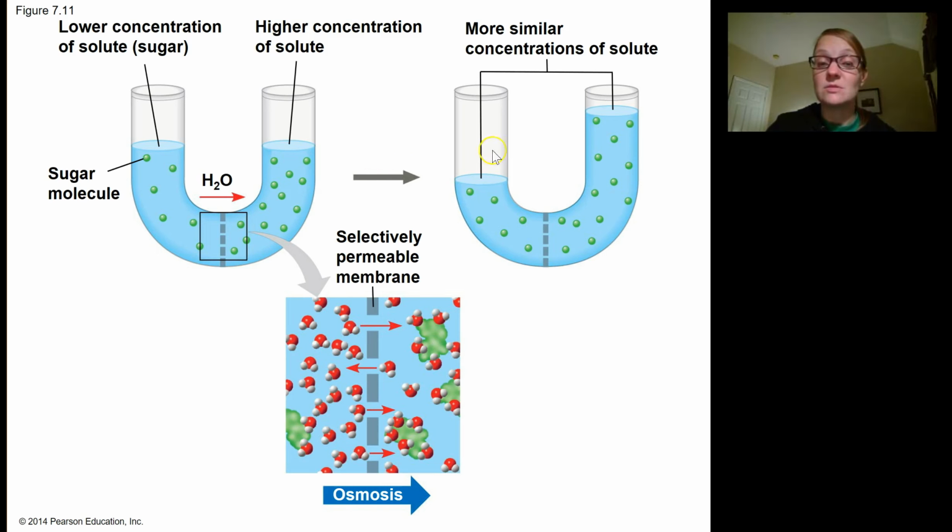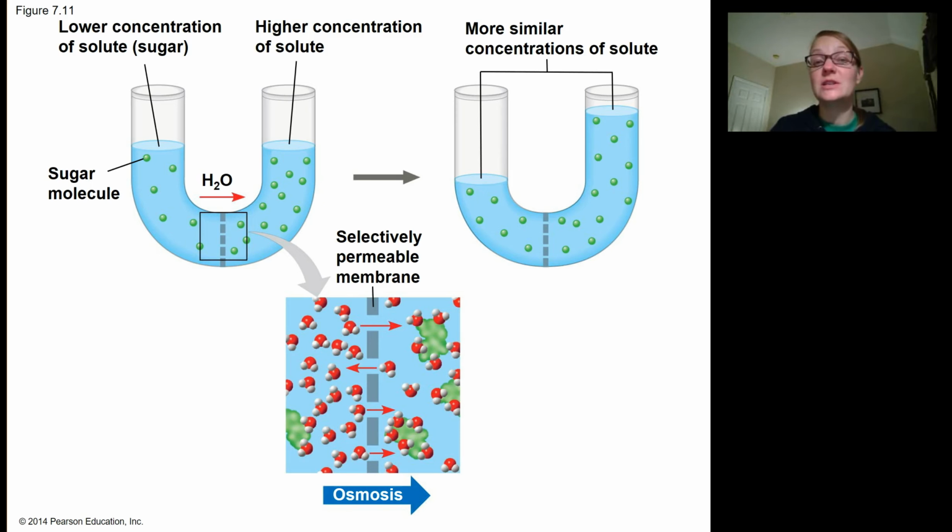And so once the system has reached equilibrium, you'll notice on the right-hand side here, you have very different levels of water on each side of the U-tube, but the concentration of those green sugar molecules on both sides is about equal now. So the system has actually reached equilibrium. So this is one way of looking at diffusion. So when you follow the water molecules, they are going to move from an area of low solute concentration here on the left to an area of high solute concentration over there on the right.